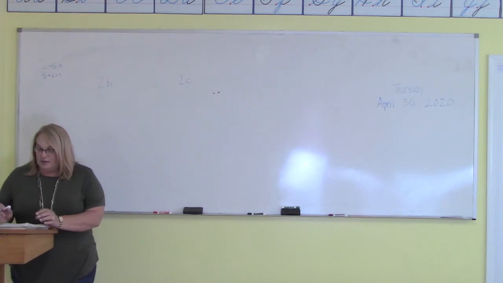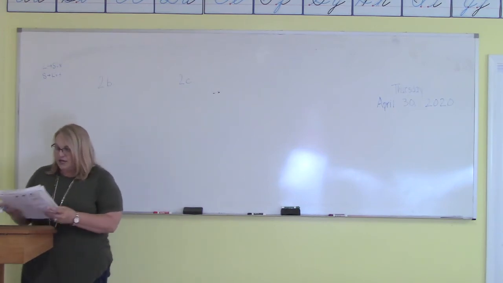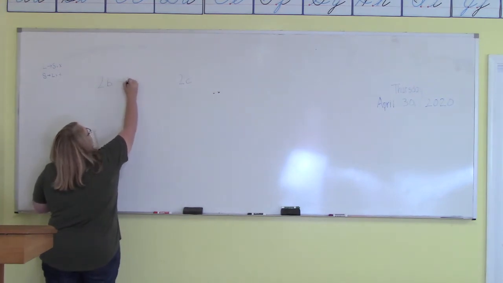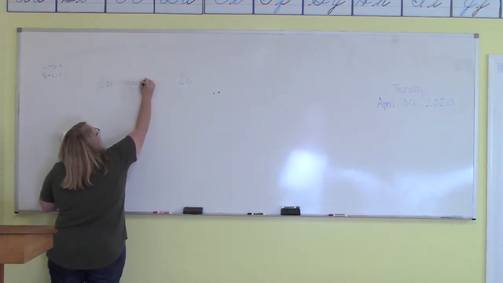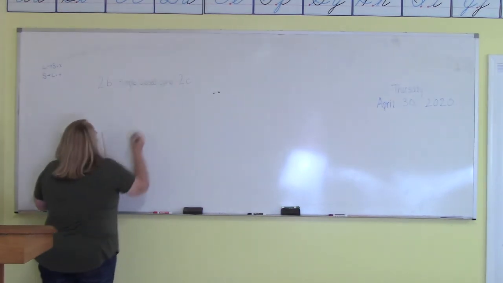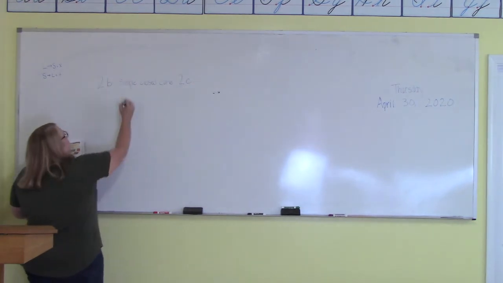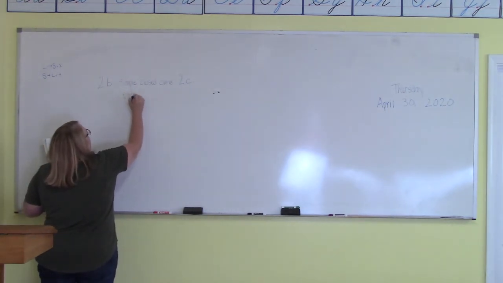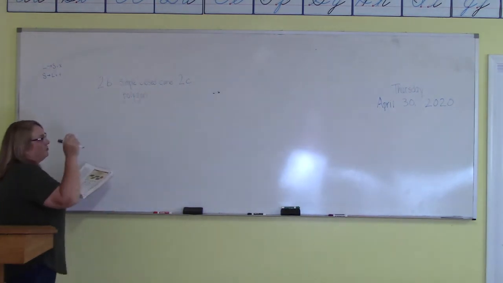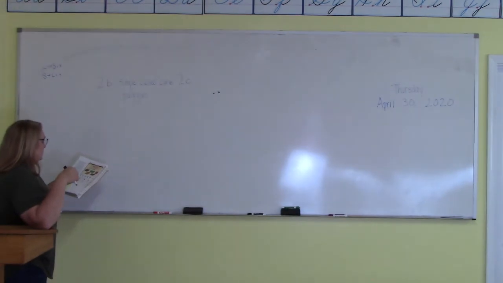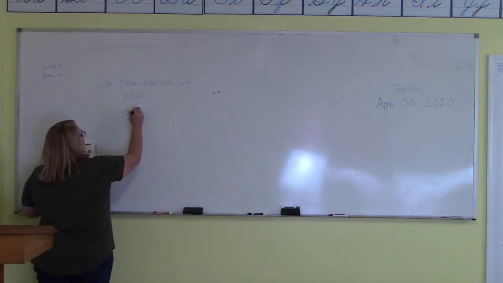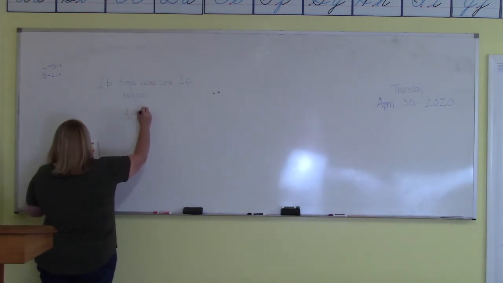Okay, let's look at B. Look at this shape. This shape is a simple closed curve. Okay. It's also a polygon. Remember, a polygon is a simple closed curve made up of line segments. It has 4 sides, so it is a quadrilateral.